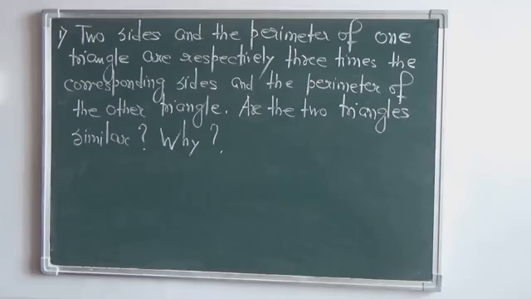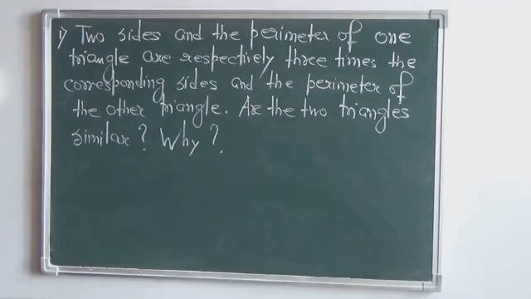You are given that two sides and the perimeter of one triangle are respectively three times the corresponding sides and the perimeter of the other triangle. So obviously it is very clear that the perimeters and the two sides are proportional. The perimeters are in proportion, as well as two of the sides. So the third side will also be in proportion.